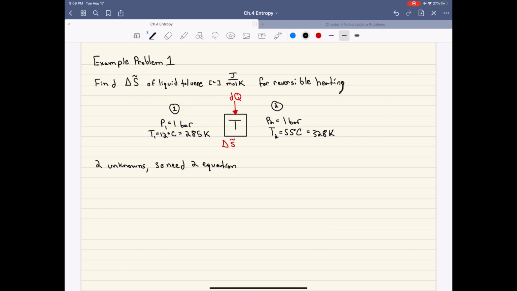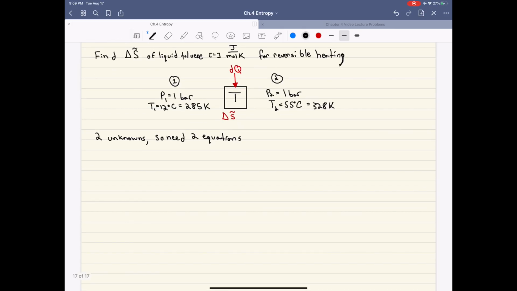To solve this problem, we're going to make a couple of assumptions. The first assumption is something that's clearly stated in the problem. We're only looking at the reversible heating of the toluene, and so that means that the entropy that's generated in the system, S_gen, is going to be equal to 0.